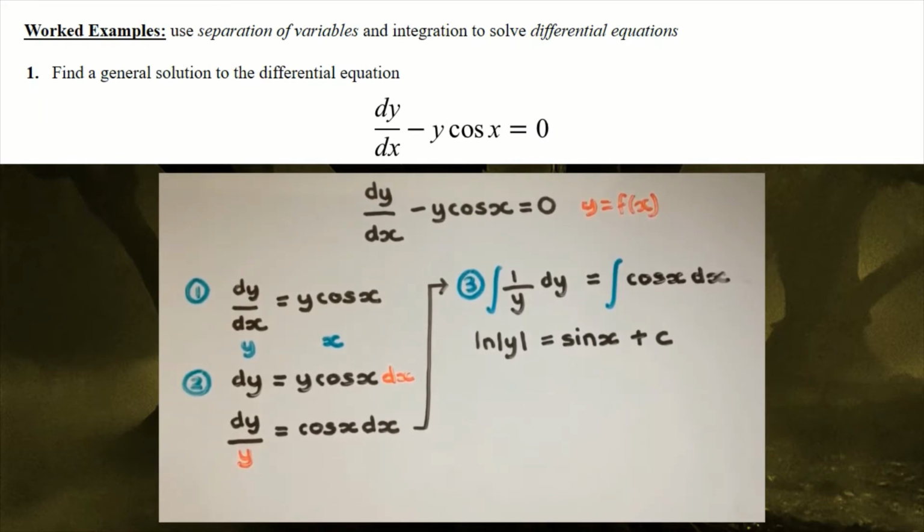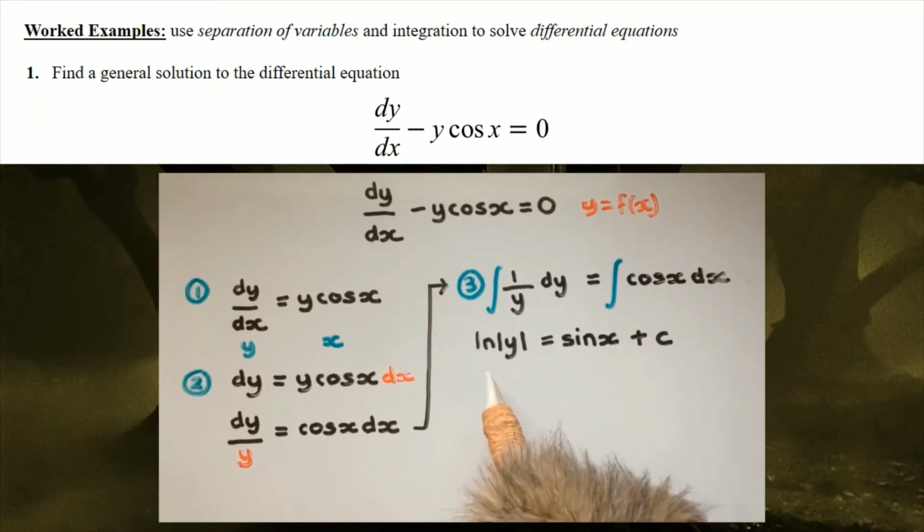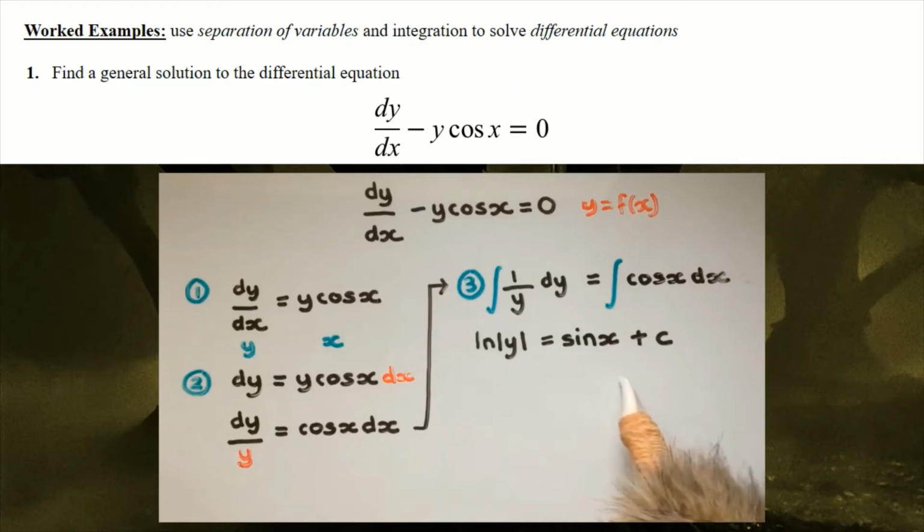Well, let's have a think. So I've got the natural log of y. To get y as a subject, I'm going to have to use the exponential function on both sides. Okay, we can do that.